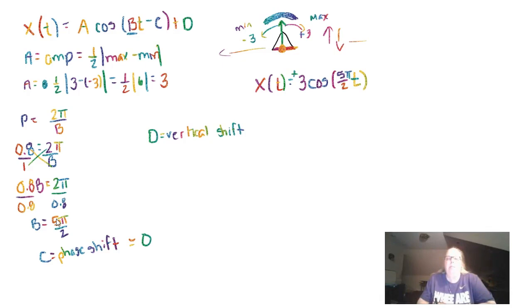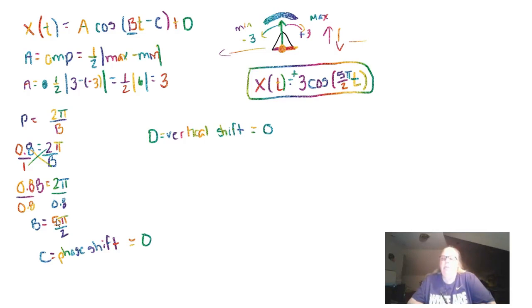So in this particular case, we're not going to have any kind of vertical shift either. And so my equation to describe the movement of the arrow part of the metronome is right here: x of t is equal to 3 times the cosine of 5 pi over 2 times t.